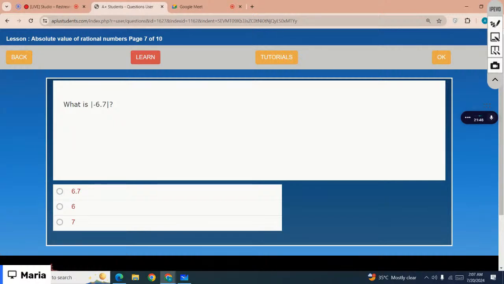What is the absolute value of negative 6.7? The correct option is, yes, that is 6.7. Option number 1 is the correct option.